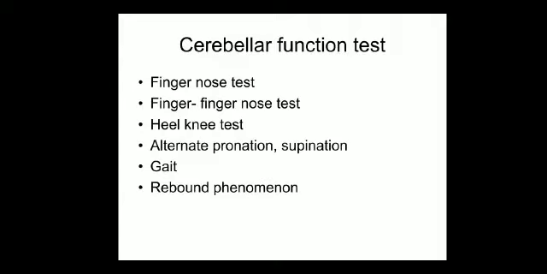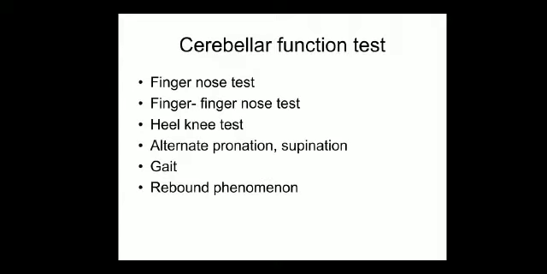If the cerebellum is intact, there will be sudden stoppage of the movement. That is one thing about the cerebellar function. If the patient is asked to flex his forearm against resistance and the resistance is released immediately, the patient cannot break the movement.